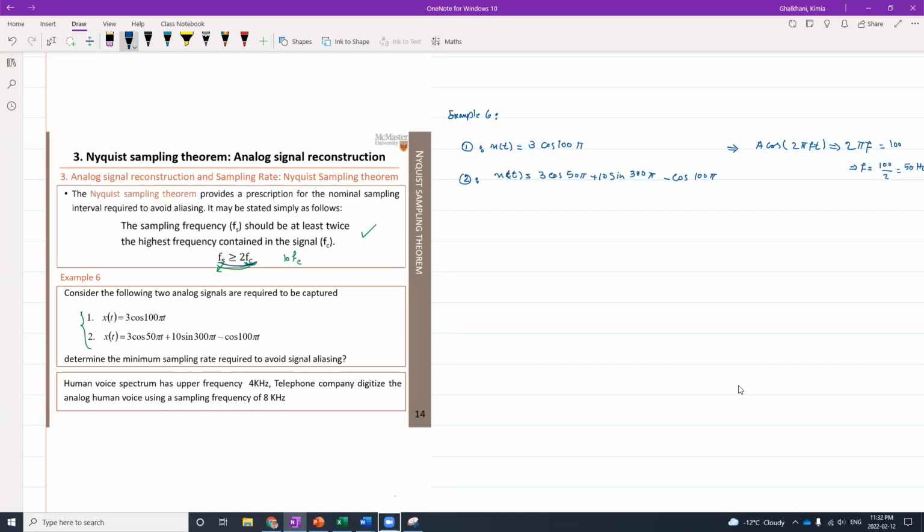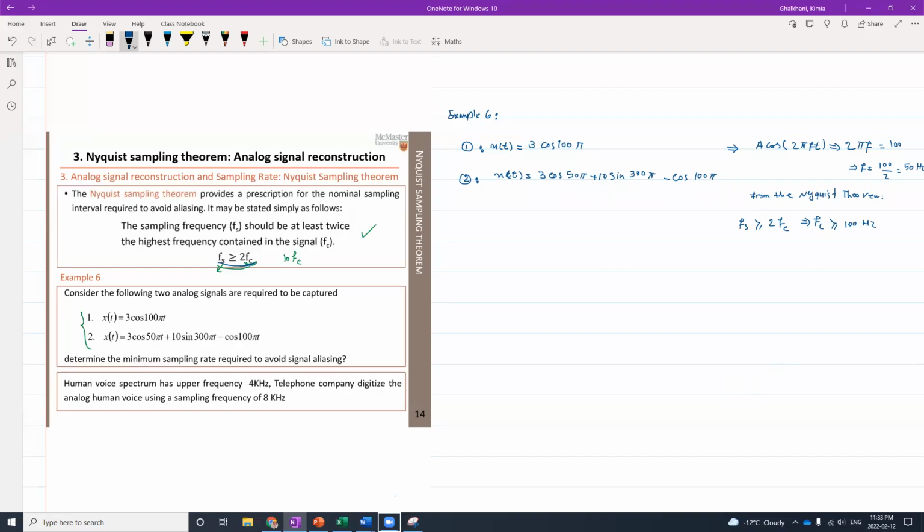Now, from the Nyquist sampling theorem, you have Fs must be at least 2 times Fc, which means in this case your Fs must be at least 100 hertz, right?